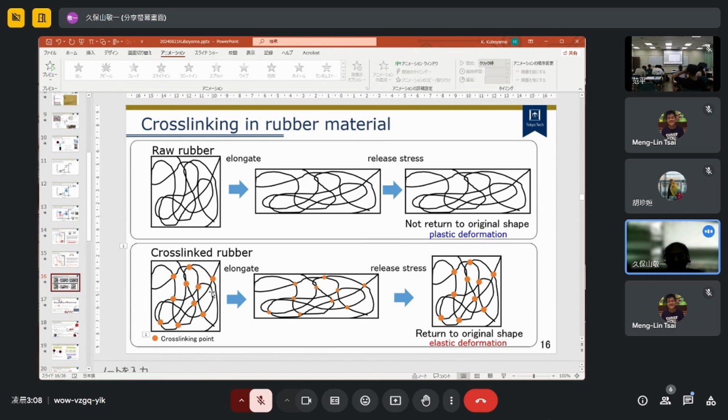Under this structure, when you elongate the sample and keep the strain, and after that release the stress, the cross-linked rubber can easily return to the original shape. And this showed elastic deformation. So cross-linking is very important for rubbery materials for using as a product.